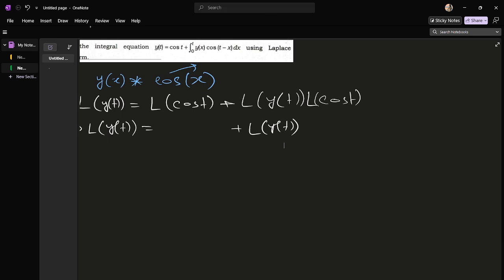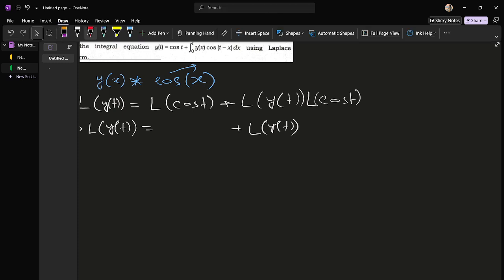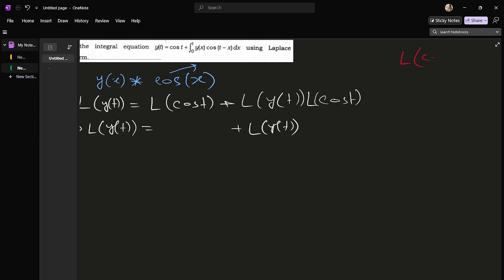As we know, L of cos at equals s by s square plus a square. The Laplace transformation of cos at goes to s by s square plus a square.